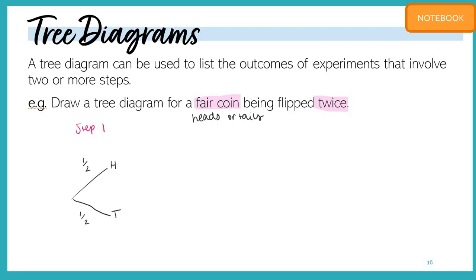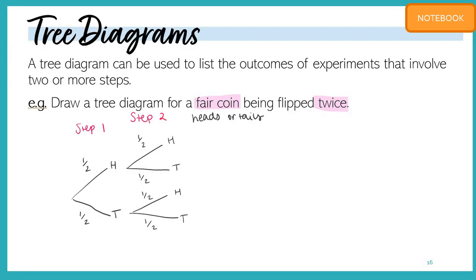Now we're going to write down step number 2, okay? And we're once again flipping that coin. So it's either going to be heads or tails, and once again, they're going to be 1/2 each. And so that is step number 2, okay?